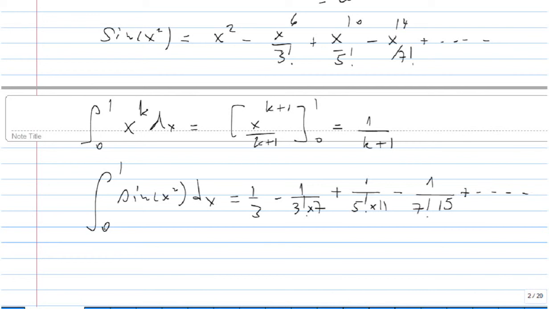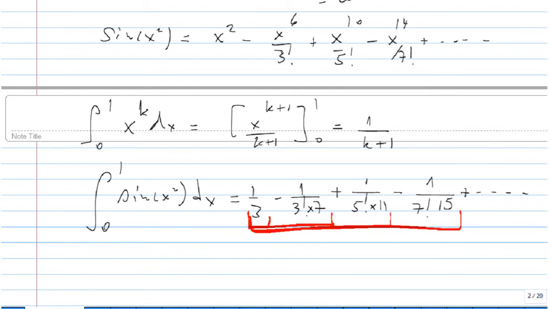Of course, depending on where you stop, you can take 1/3, but 0.33 is not a good approximation. You can also take the next terms, and you keep getting better and better approximations.